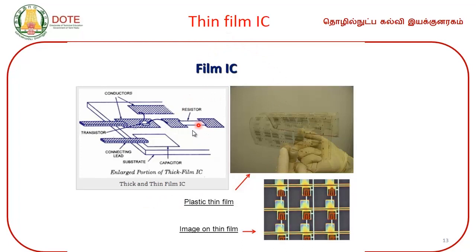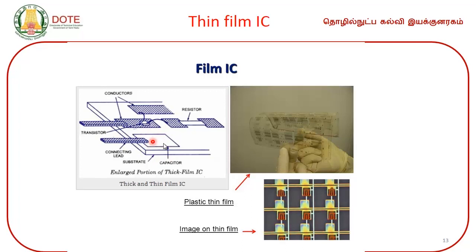So, here you can see the diagram of a thin film technology. Yeah, it is a thin film, thickness is very less in terms of microns, and see this is the base material, right, and here you can see the capacitor.